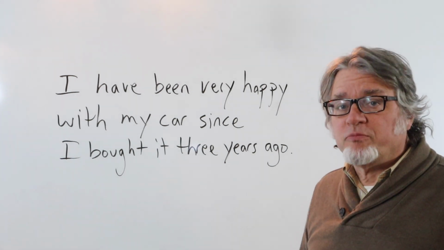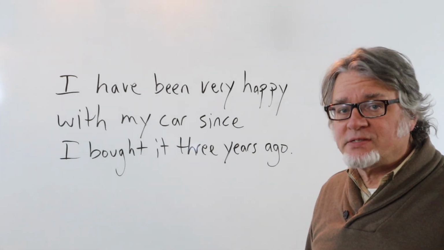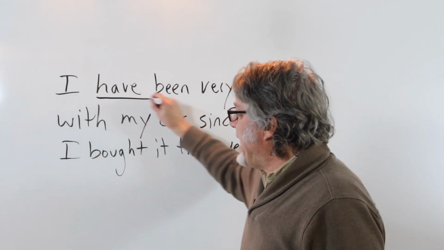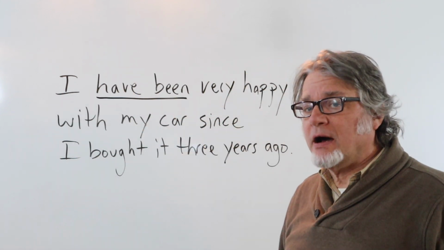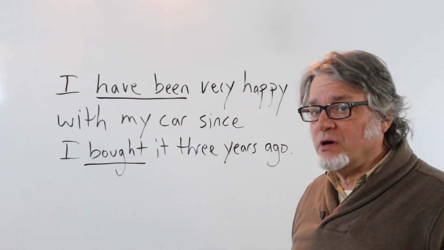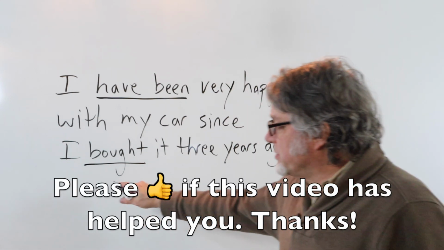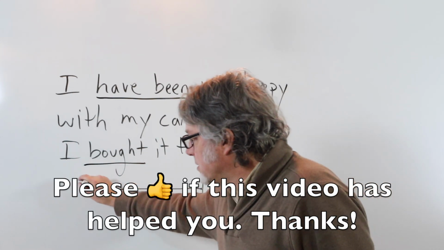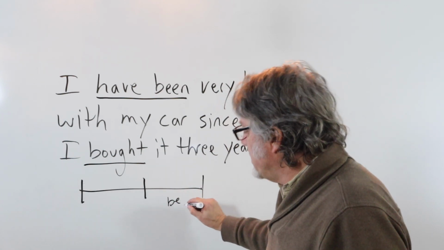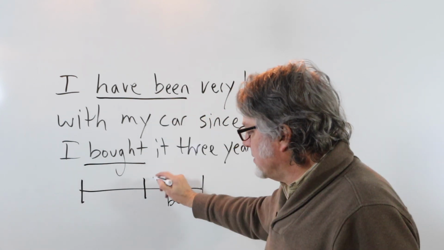Sometimes you'll see the present perfect and the past tense in the same sentence. I have been very happy with my car since I bought it 3 years ago. Here's the timeline, and here's the verb be. It's have been.